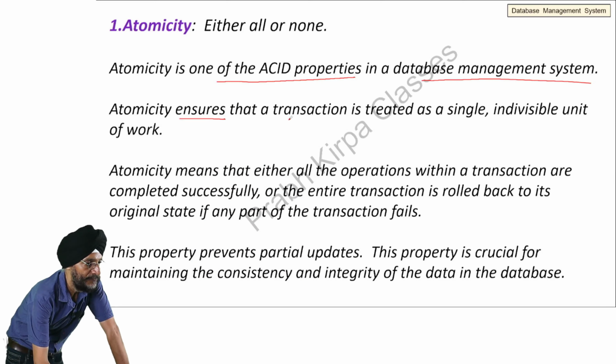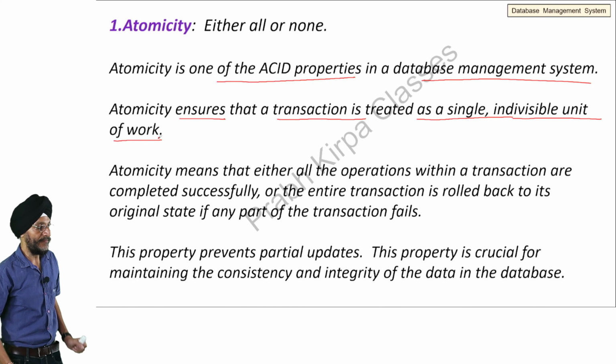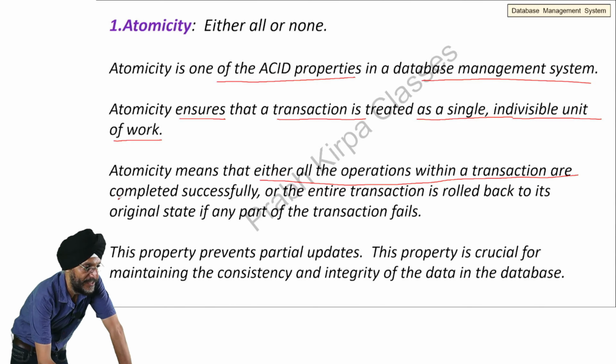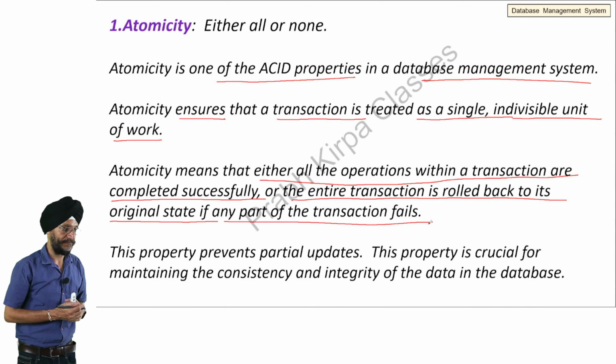Atomicity ensures that a transaction is treated as a single indivisible unit of work. Atomicity means that either all the operations within a transaction are completed successfully or the entire transaction is rolled back to its original state if any part of the transaction fails.